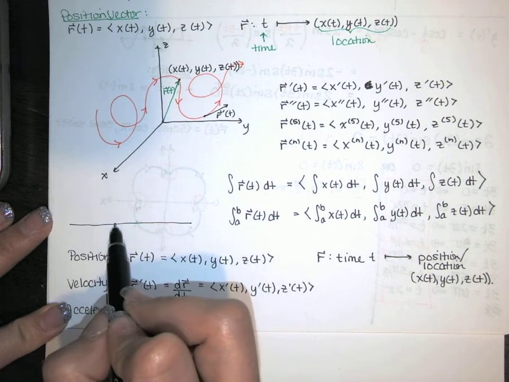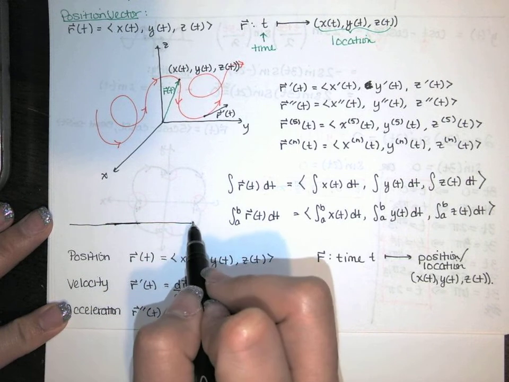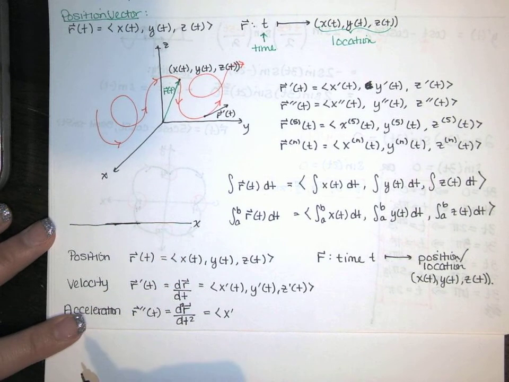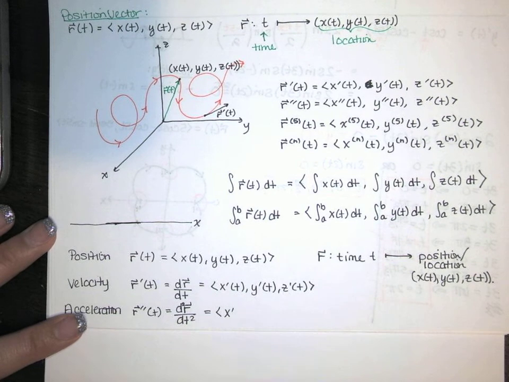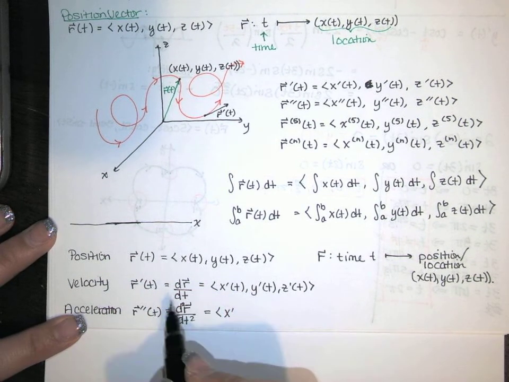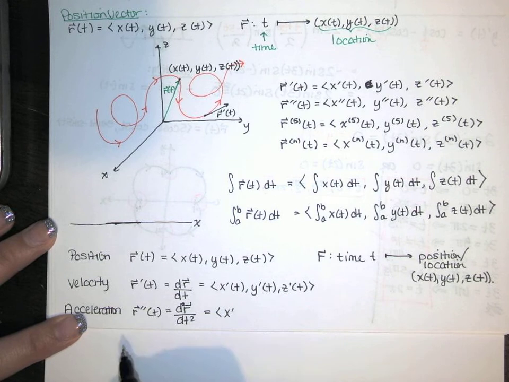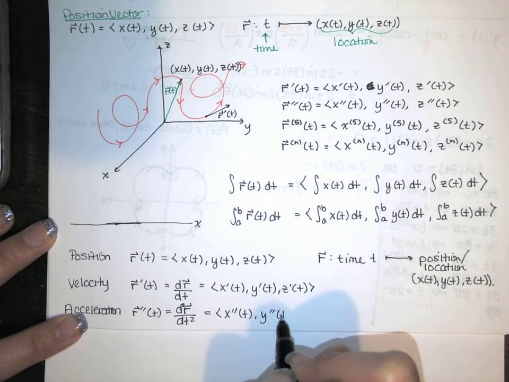Back in Calc 1, you might have been a particle on a number line, and all you got to do was go back and forth on the x-axis. Now we get to go anywhere we want in three-dimensional space. And our velocity, if this is our position function, is given by this vector. Our acceleration is given by this vector. You just take the derivatives twice.